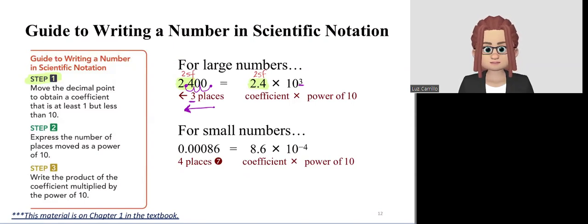So in order to take 2,400 to scientific notation, the correct way to illustrate it is 2.4 times 10 to the 3. What about if we have a small number?